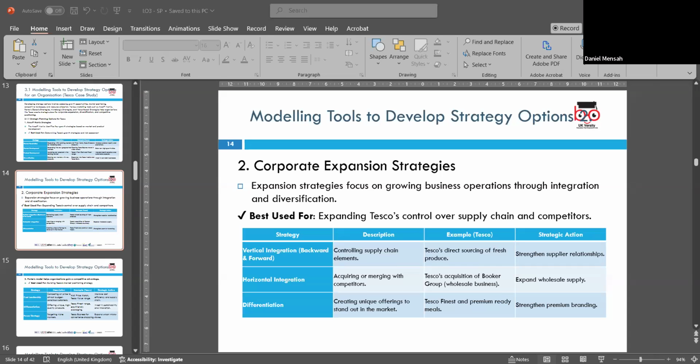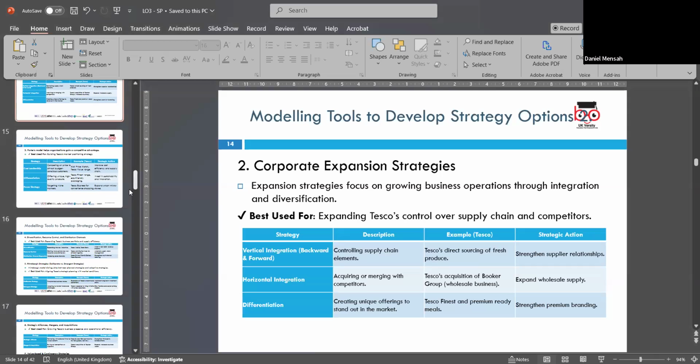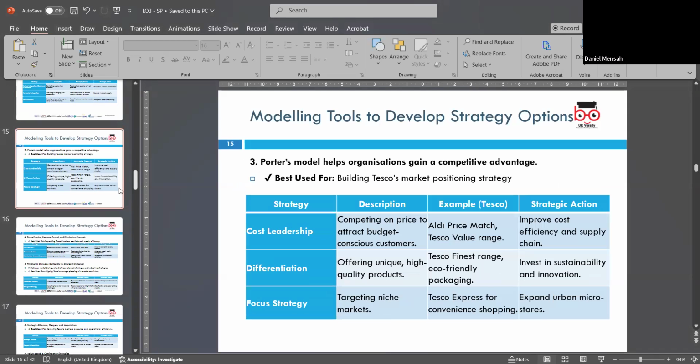For example, a car manufacturer buying a tire company to control its production processes. Basically, it helps us control supply chain operations and be in a better position to control disruptions and ensure smooth processes.